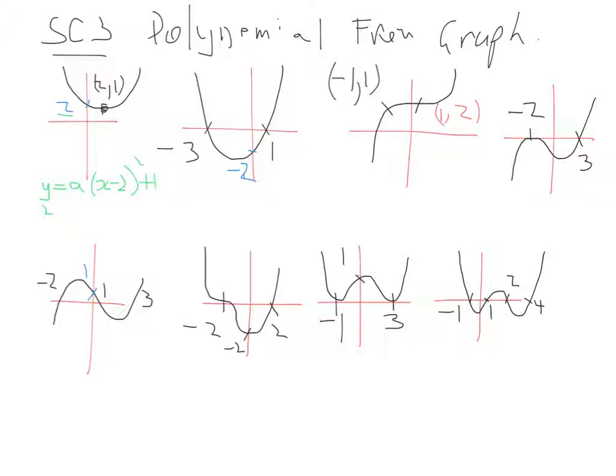So 2 equals a, 0 minus 2 squared plus 1, and then we use it to solve for a. And we can do that on CAS just by typing this in the solve function. So that's what we've got going on there. Whatever point we're given, we might be given a y-intercept, we may be given some other random point, but that's what we substitute as our x and our y coordinates.